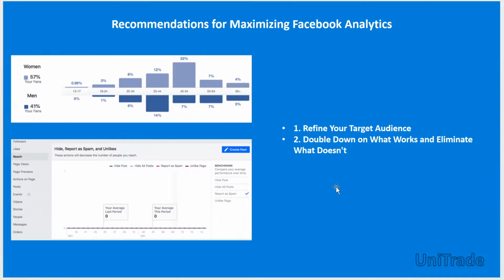At the same time, pay close attention to any post that sparked negative feedback, for example, being hidden or reported as spam. Identify these issues promptly to avoid repeating the same mistakes. You can find this information under Reach in the left-hand menu.